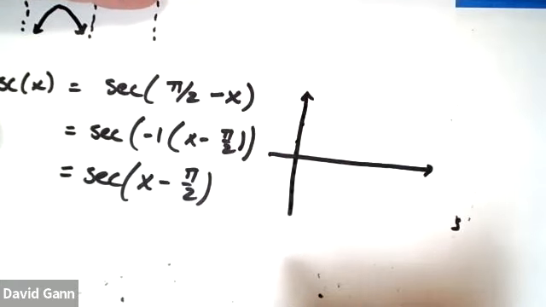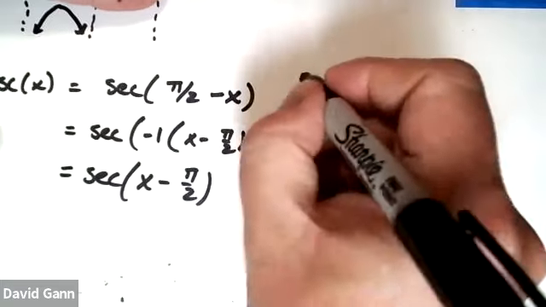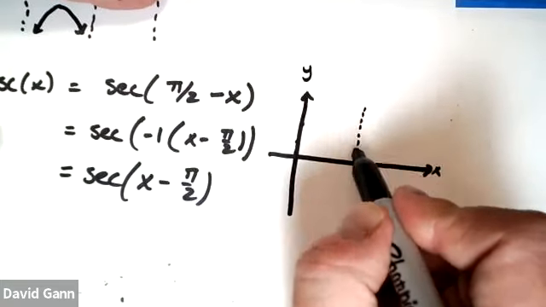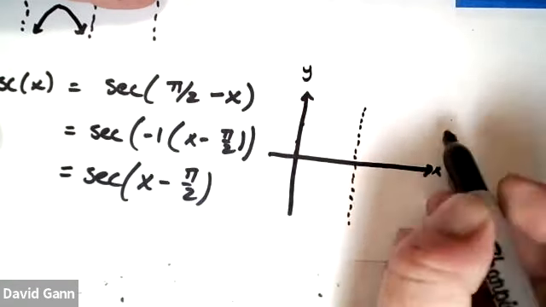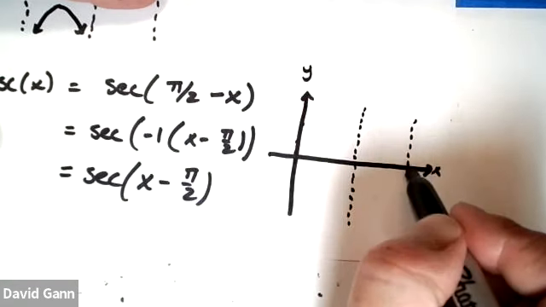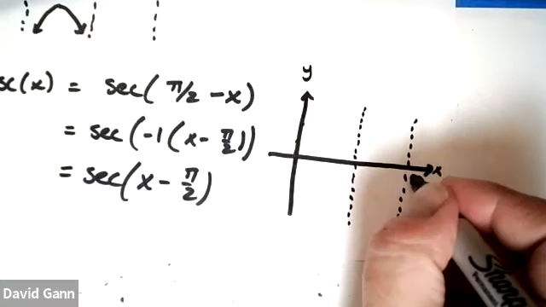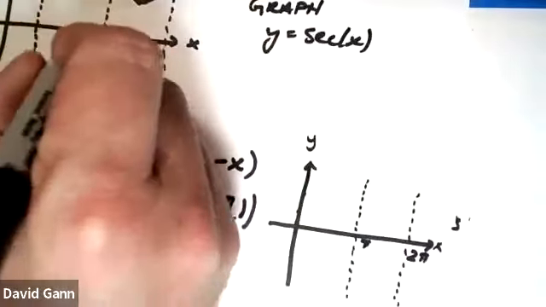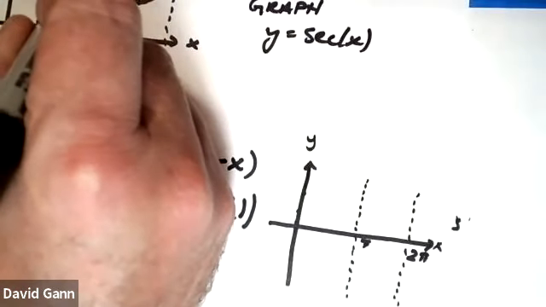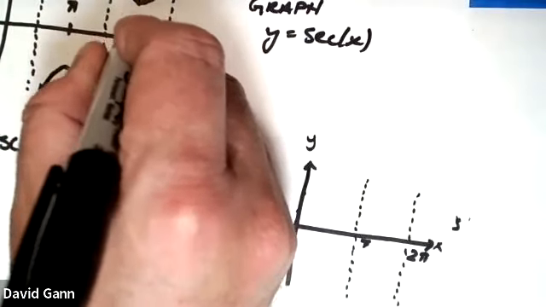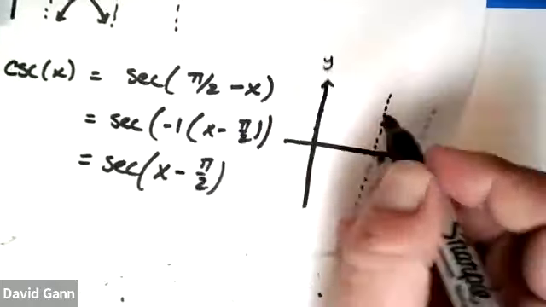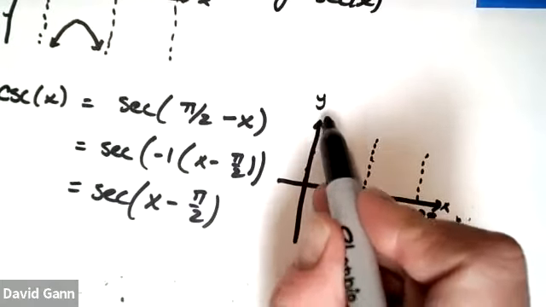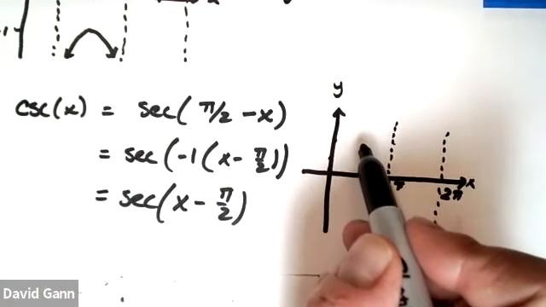The first vertical asymptote is actually coincident with the y-axis. And then there's another one at pi, and finally one at 2 pi. And I didn't actually put these in here before. Okay, so there's the vertical asymptote at the y-axis.